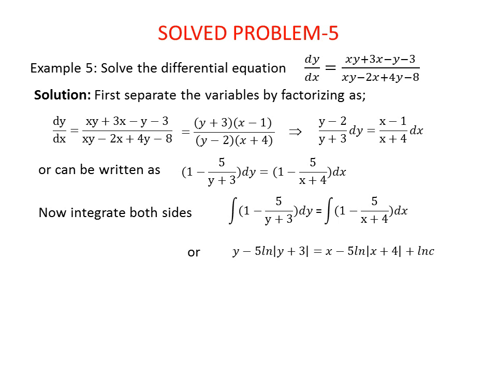Again we apply formula number 2 from the list, so we can write minus 5 times ln modulus of x plus 4, plus, instead of c, the constant of integration, we write here ln c.